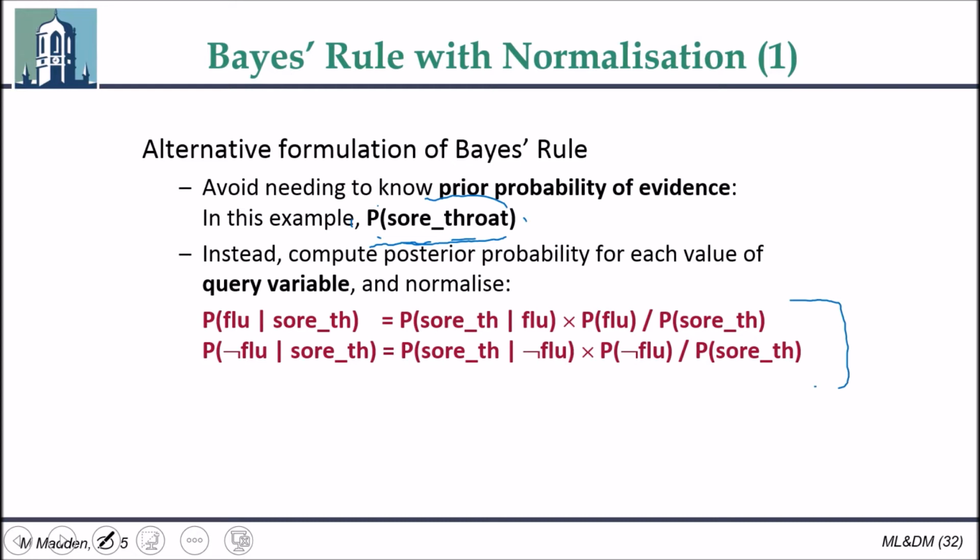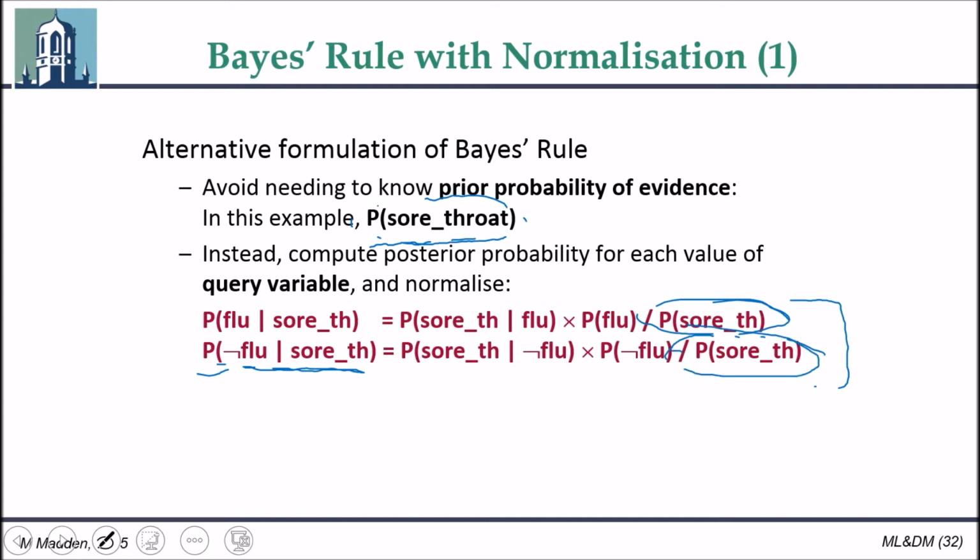That's testing the probability that you do have the flu, given that you've got a sore throat. We can also compute the probability that you don't have the flu, given that you've got a sore throat, which looks very similar. Note that in both of these, the probability of sore throat shows up.